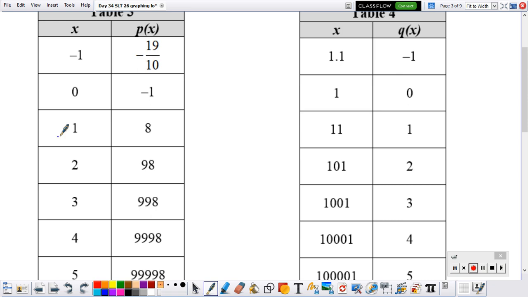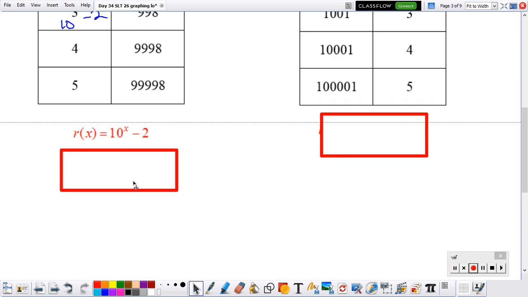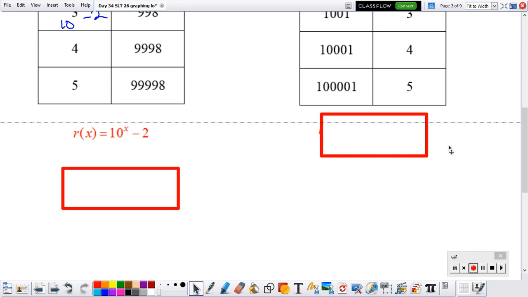If we had 10 to the first power, what would we have to do to get 8? And if we had 10 to the second power, what would we have to do to get 98? And 10 to the third power, what would we have to do to get 998? And if you said subtract 2, you're correct. So that means that p of x is going to be 10 to the x minus 2. Not such a big deal.